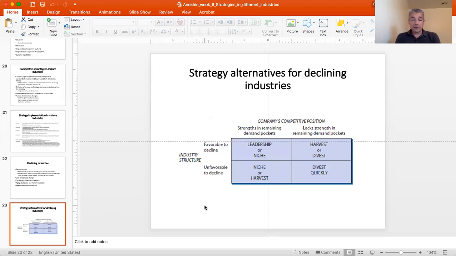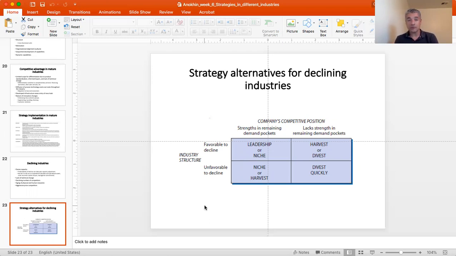It turns out that there are four possible strategies that you can consider. One is you try to develop a strong leadership position in a declining industry. How you do that is an open question. You probably need to invest in developing your brand, but you have to do it early on while the industry is still in the growth stage and possibly in maturity stage.